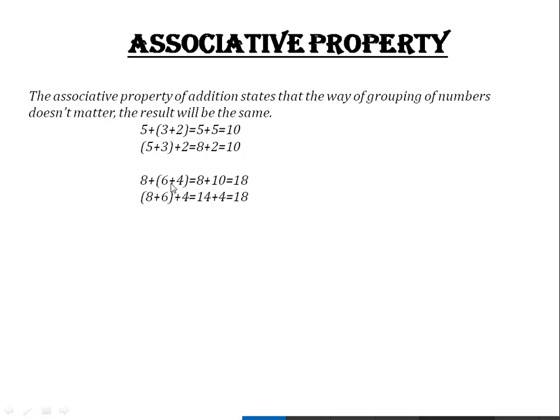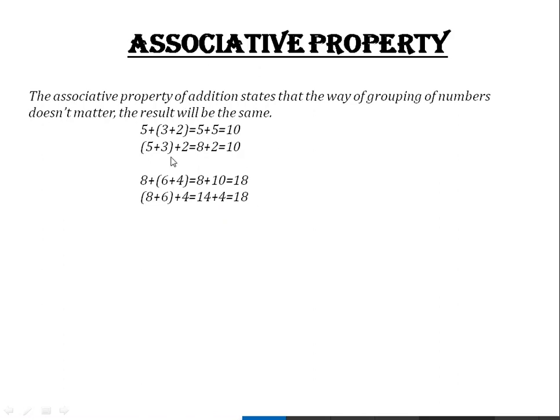8 plus 6 plus 4 equal to 8 plus 10 equal to 18. Again in the second step I am changing the grouping into the first and second one. 8 plus 6 plus 4, that is 14 plus 4 is equal to 18.